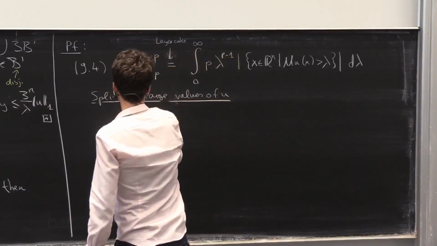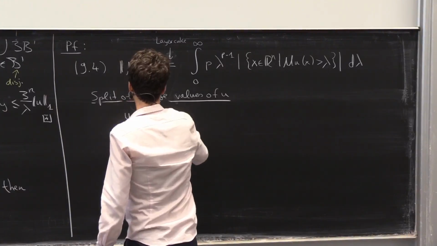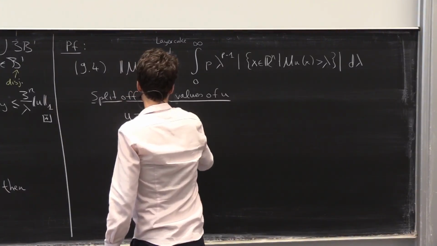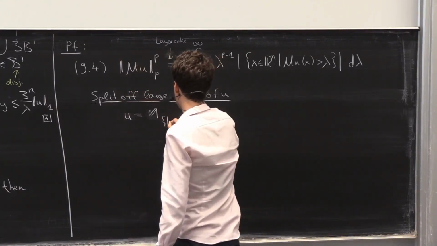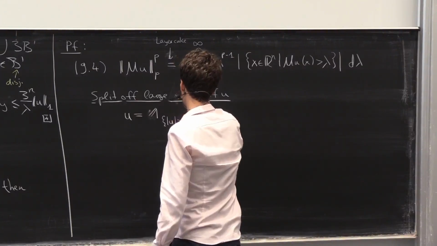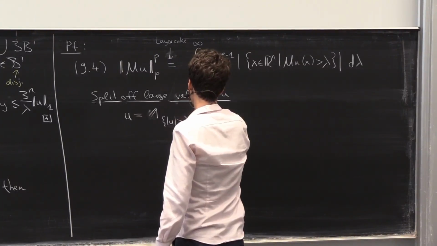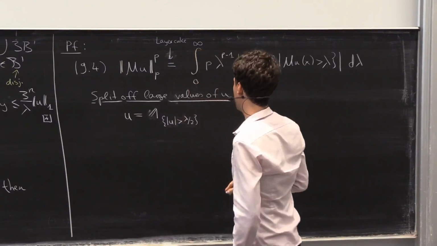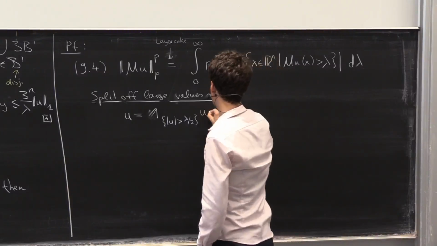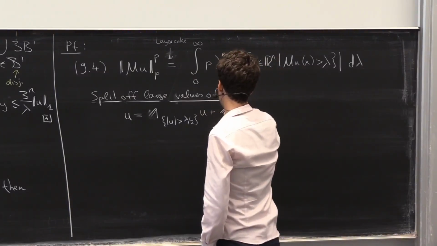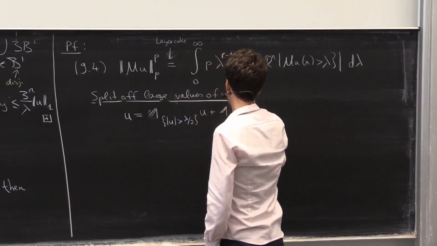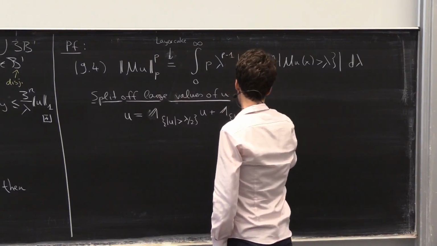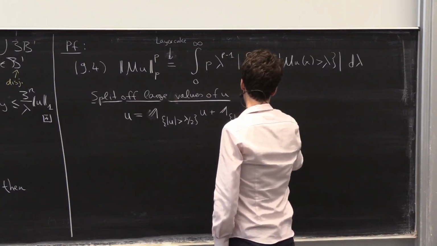I'm going to write u as the indicator function, now I'm using some shorthand notation, the indicator function of the set of all x where the absolute value of u is larger than lambda over 2, plus the indicator function of the set where |u| is less than lambda over 2.